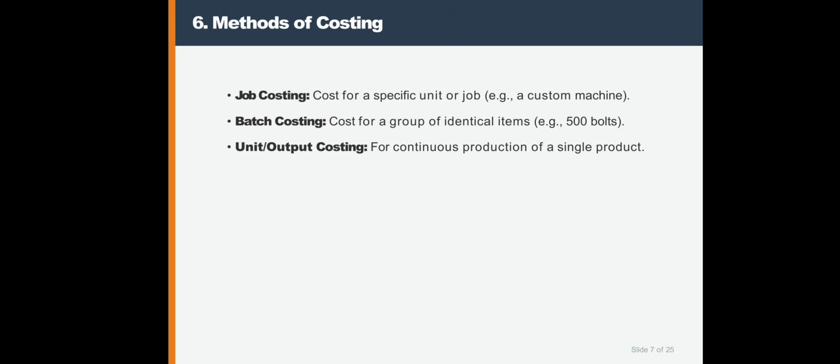Methods of costing include job costing, batch costing, unit or output costing. Job costing means cost for a specific unit or job. Example, a custom machine.